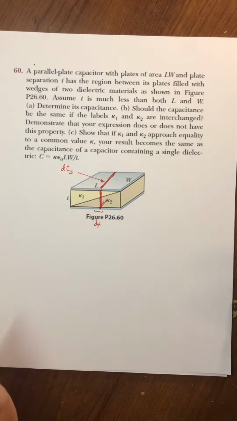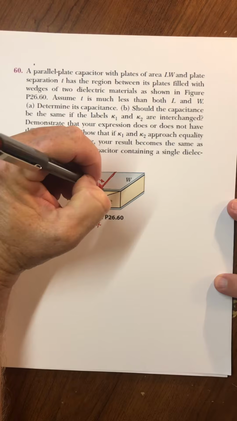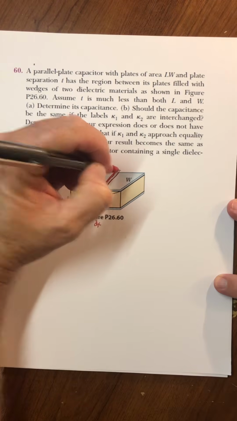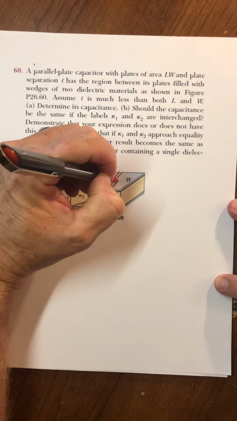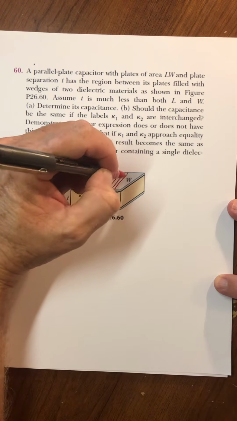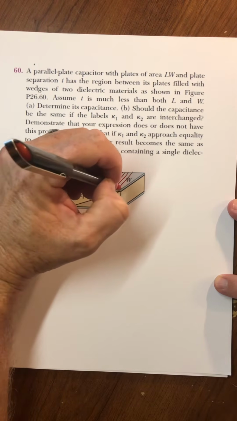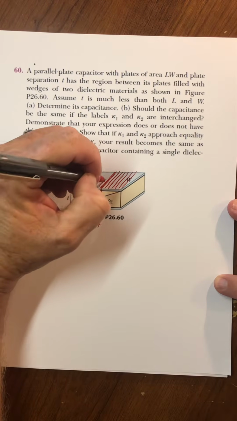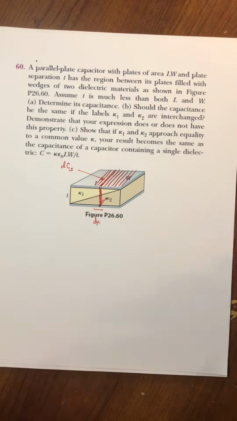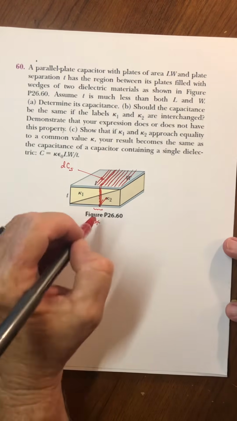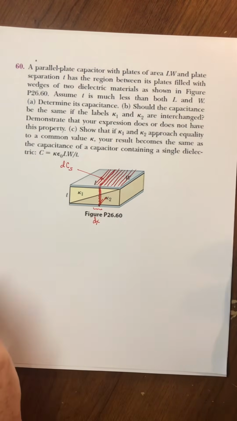But let me point out then that you might view this then as another microscopic capacitor right next to it, and another one right next to it, and another one right next to it. And so if you have all these little strips going back, all of them make some kind of capacitance, and then all of them would be in parallel with each other.